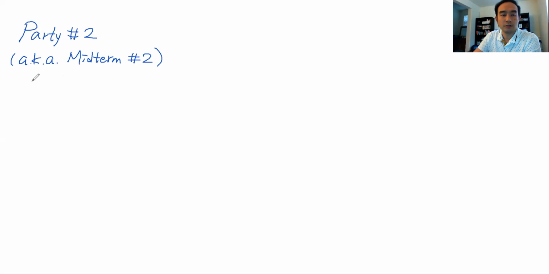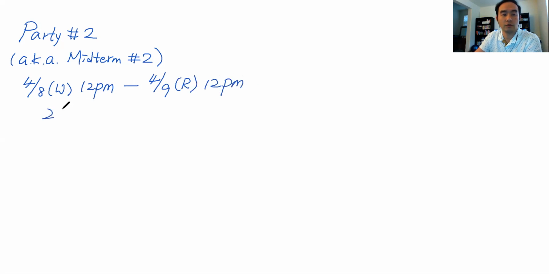It will be available from April 8th, Wednesday, 12 p.m. noon, to the next day, Thursday the 9th, at noon. So you have a total of 24 hours to solve those 5 problems.